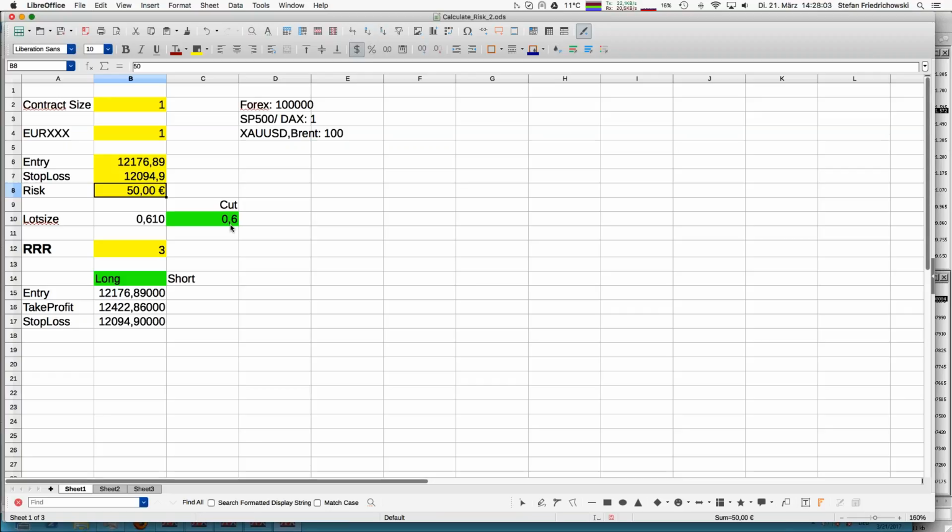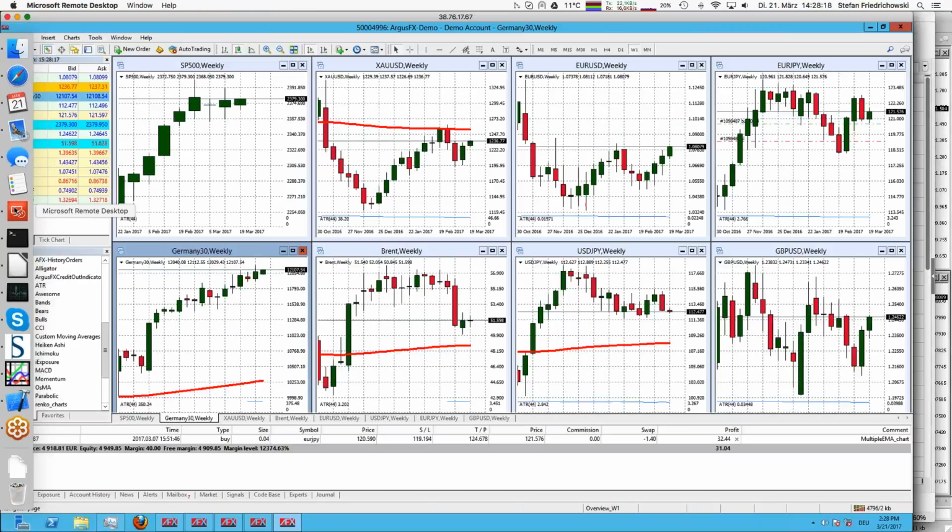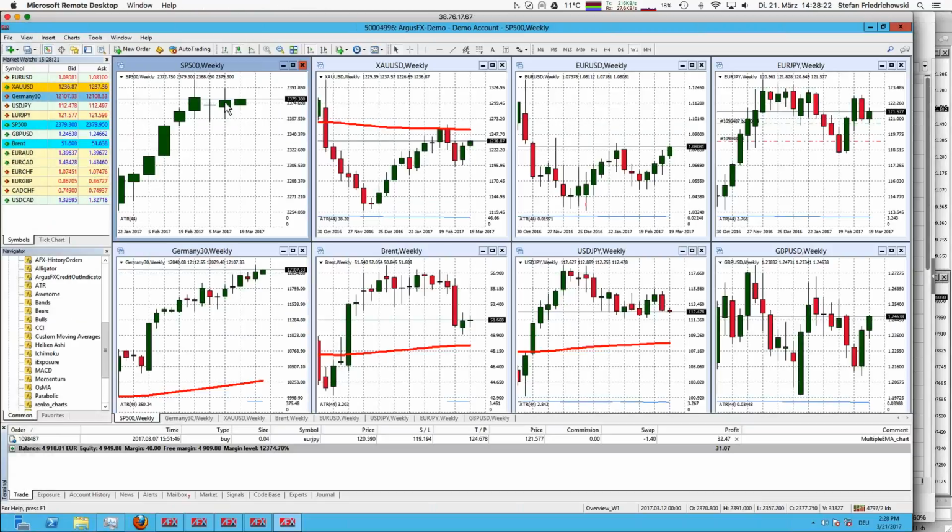So that's now the question for us, what to do. And since I don't want to have a higher risk, I will not go for that trade here, but we can check very fast the S&P 500. Maybe for that one it will work.